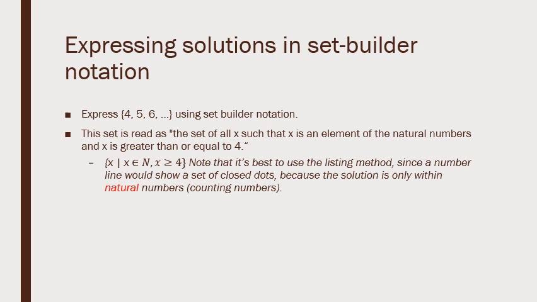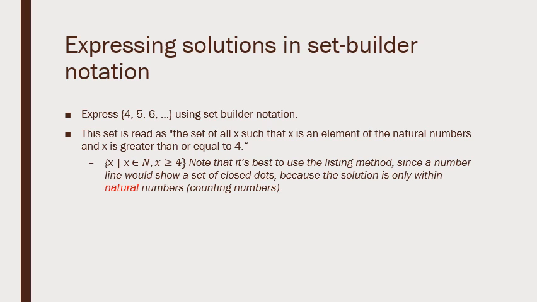You've got your x, that straight line means the set of all x, and then is an element of, it's got the capital N meaning natural numbers, and then it has a comma and it says everything in this set has to be greater than or equal to 4. Now it's best to use this listing method since it's a number line, since a number line would show a set of closed dots because the solution is only within the natural numbers.